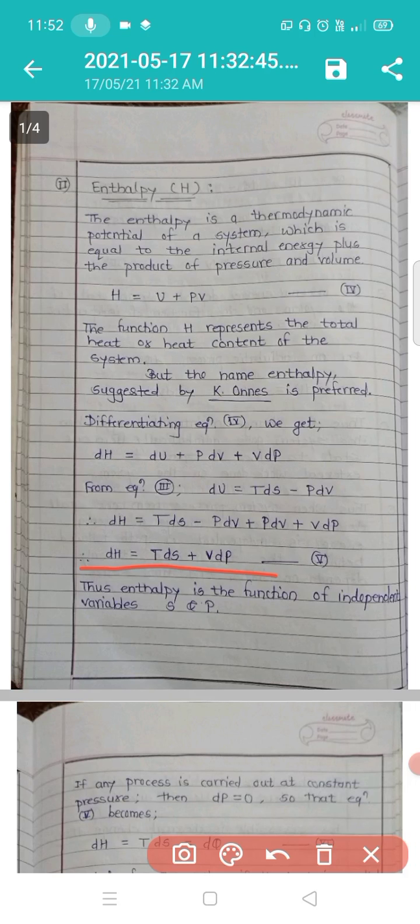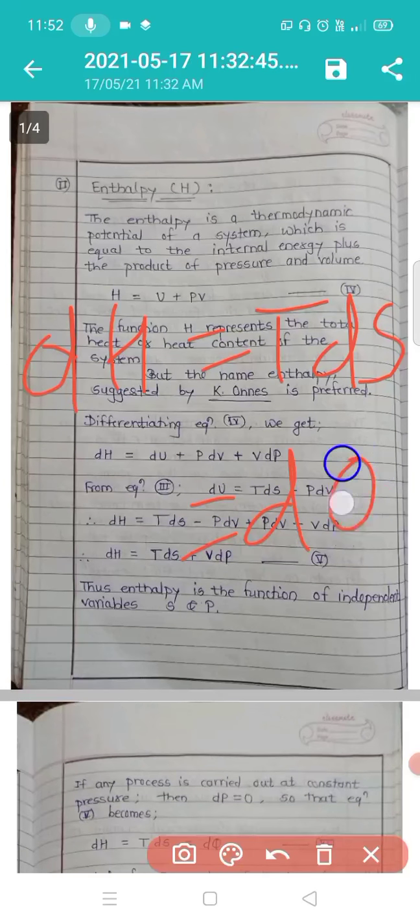Thus the enthalpy is a function of the independent variables S and P. If any process is carried out at constant pressure, dP = 0, so the equation becomes dH = T dS, that is, dH = dQ.